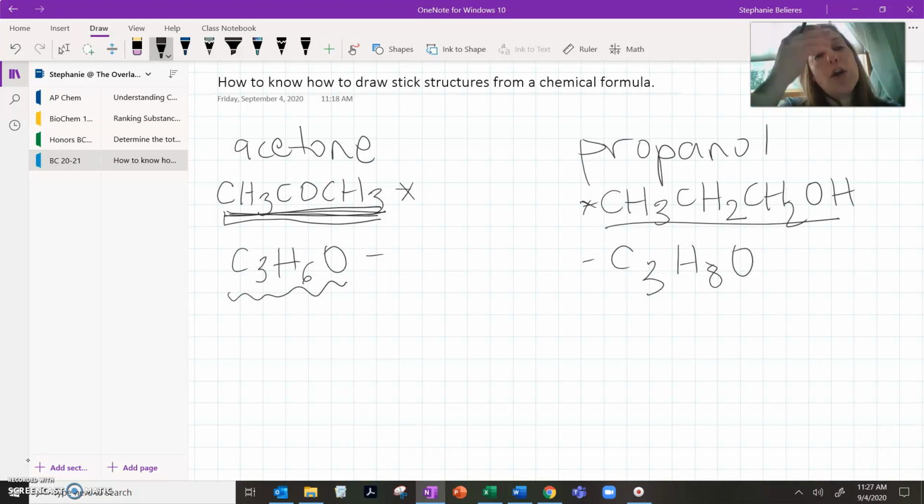So the first thing to know is that carbon, because it has 4 valence electrons, can form a total of 4 single bonds, okay? Carbon is the backbone of a lot of molecules, in fats, in hydrocarbons, in fuels.